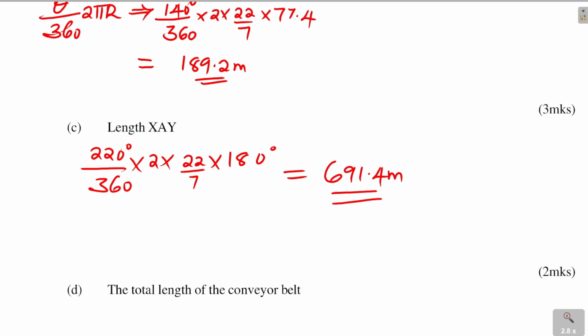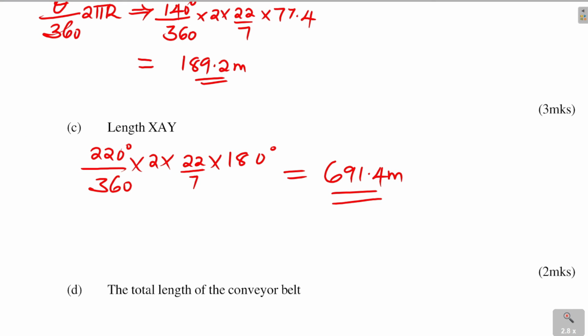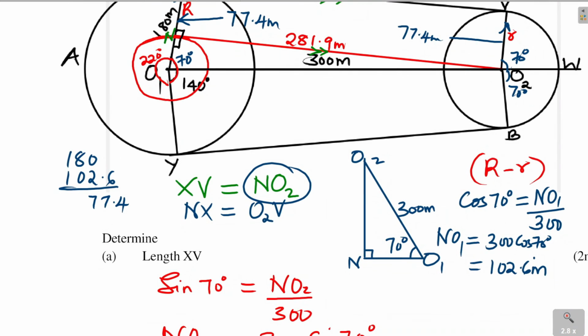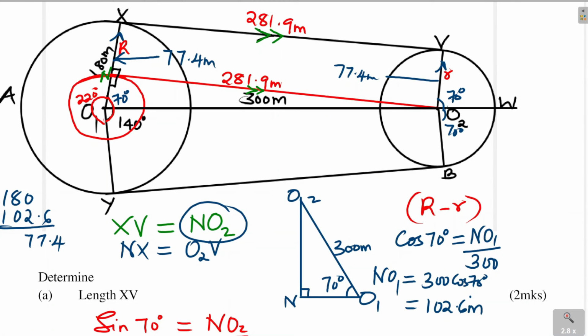That one was direct. Then the last one, the total length of the conveyor belt. Now this one is just a matter of addition. So you add everything round the whole length.